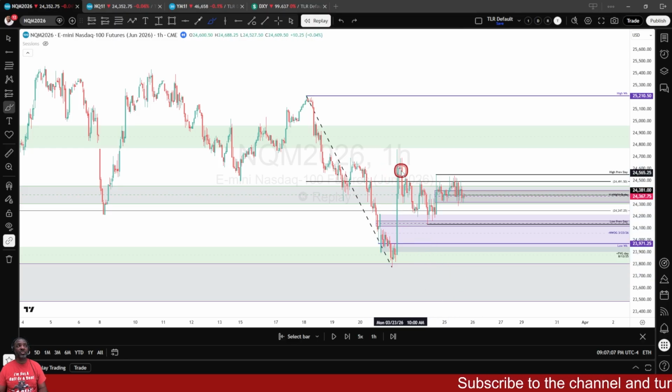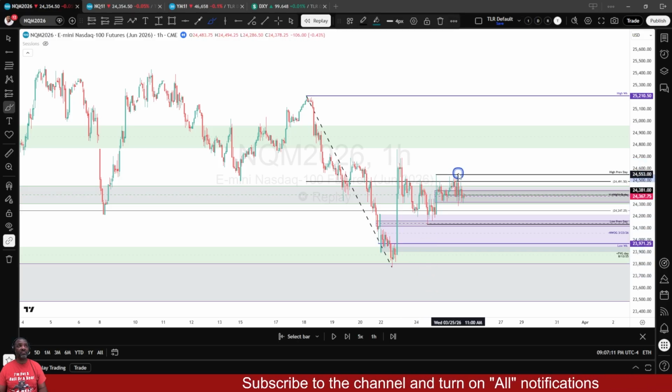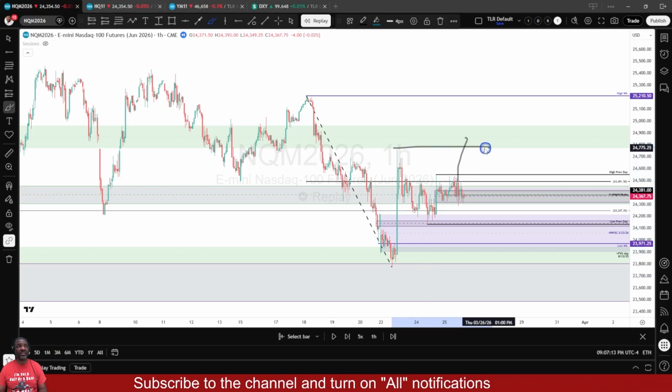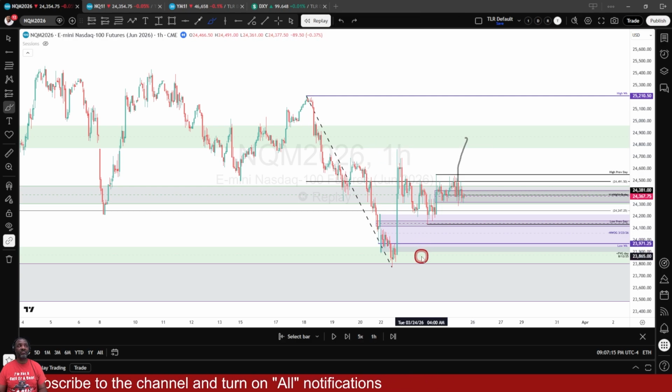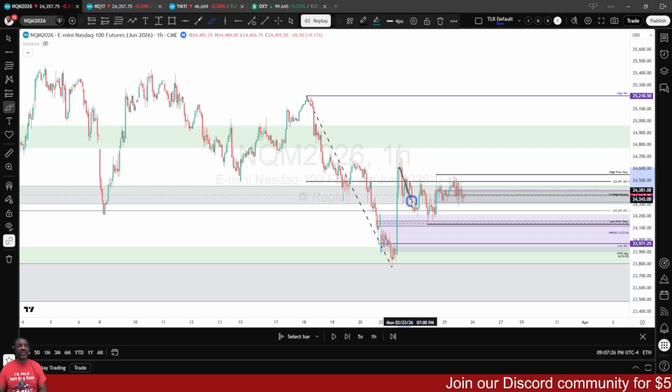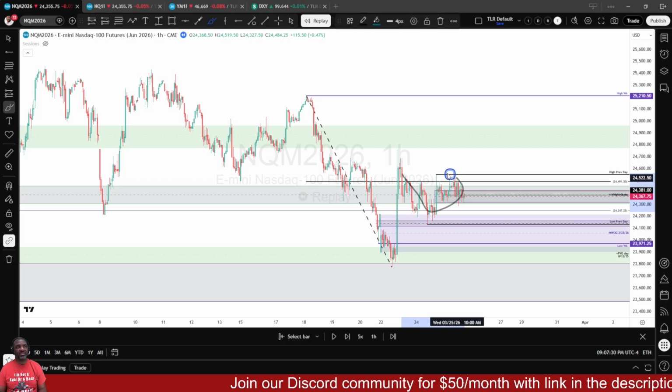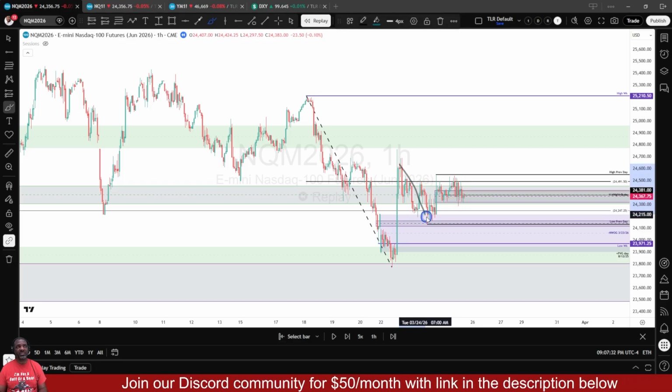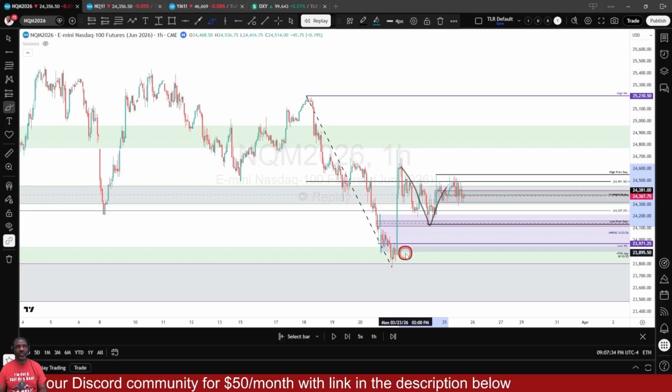But it's not. Since it doesn't want to continue down, if we come back up and take out this high, then we could say this right here was our smart money reversal. Since we're accumulating there, we'll look at it as first stage accumulation.